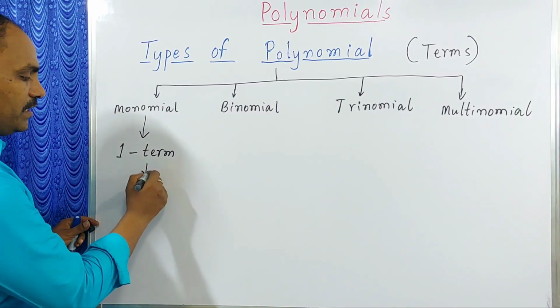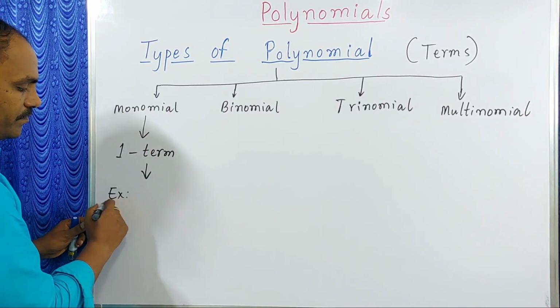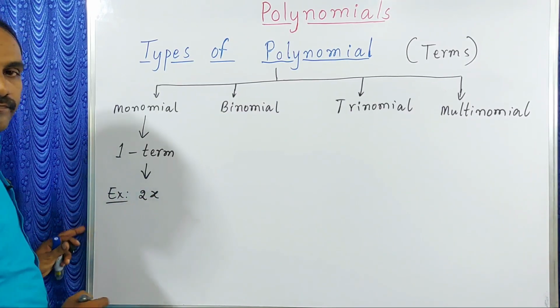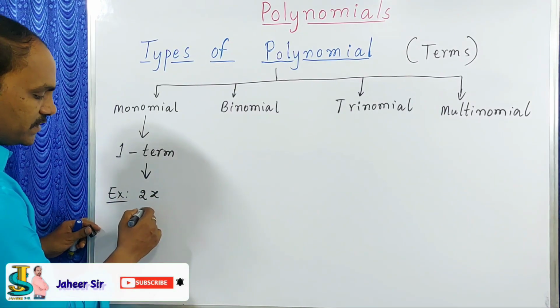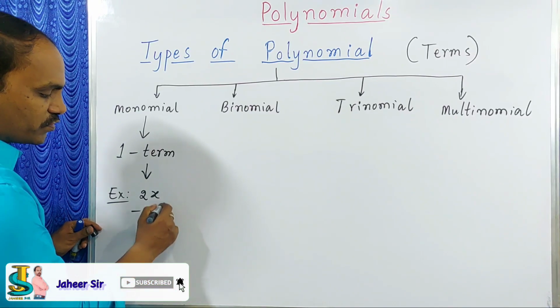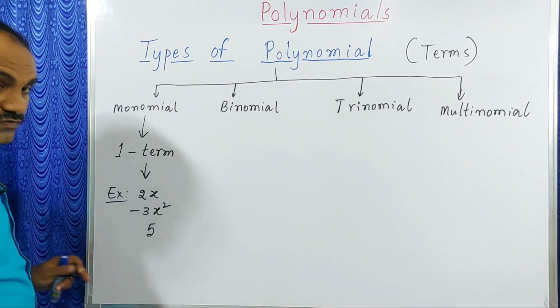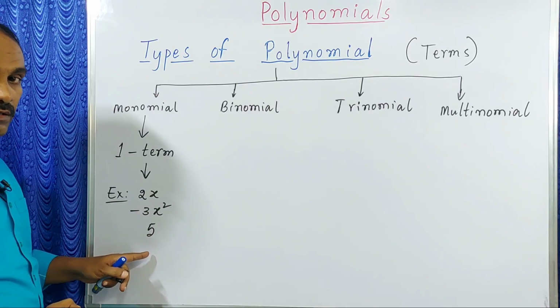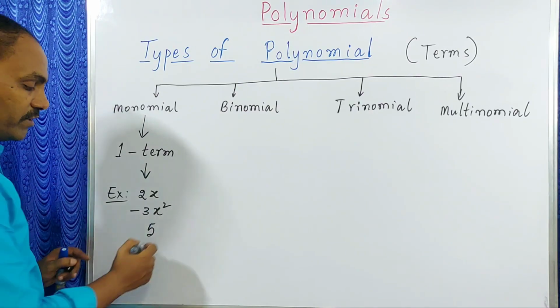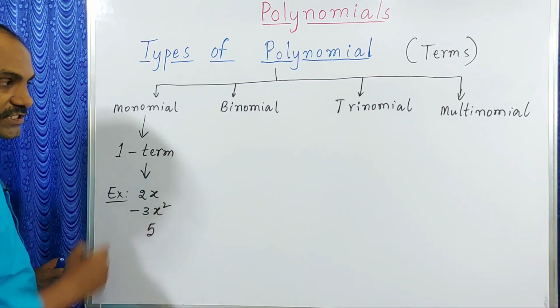For example, 2x, minus 3x square, or 5. This one is also a polynomial, 5. How? 5 we can write as 5 into x power 0.